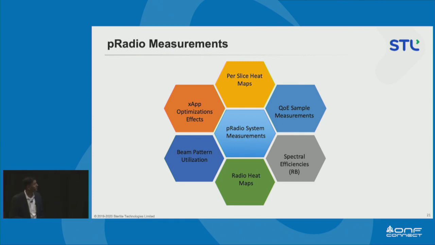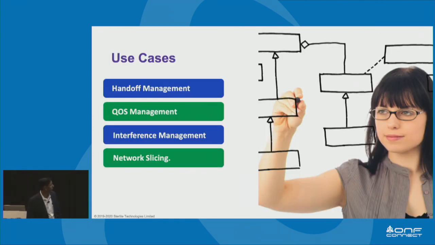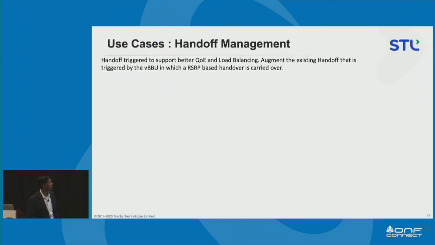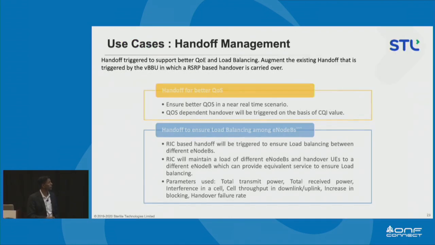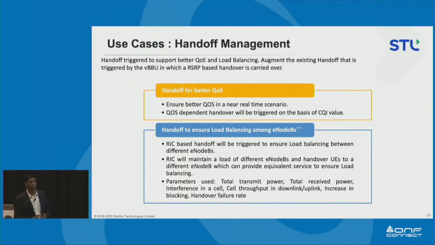Okay. So quickly, from a use case perspective, as I said, handoff management is one use case that we have implemented. There are 3 more use cases which are the priority for us to realize. I'll just talk about handoff management quickly here. We see handoff management in 2 aspects.